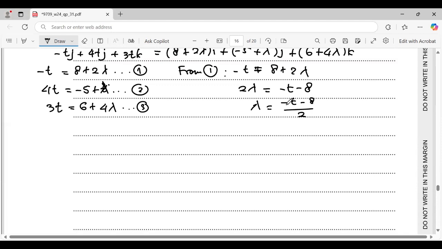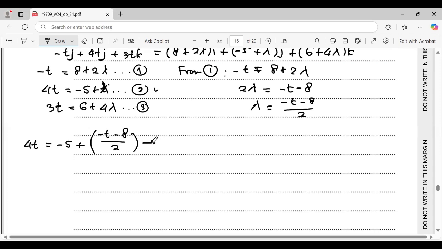Now substitute this information, lambda equals (minus t minus 8) over 2, into the second equation, and it becomes 4t equals minus 5 plus (minus t minus 8) over 2.